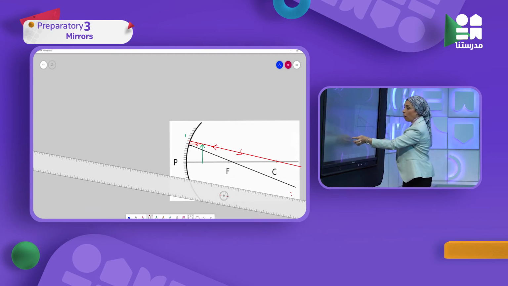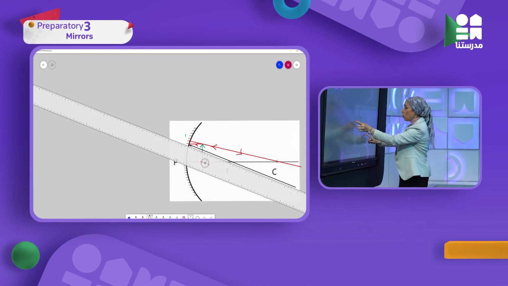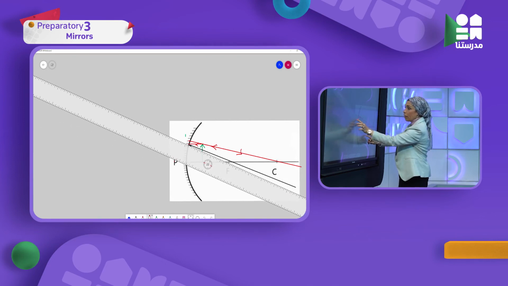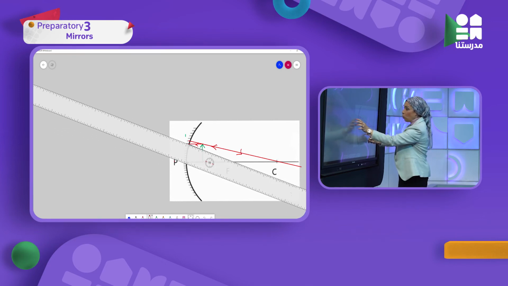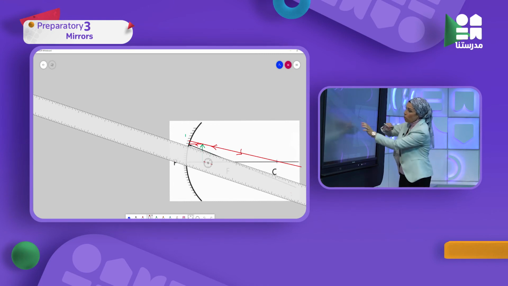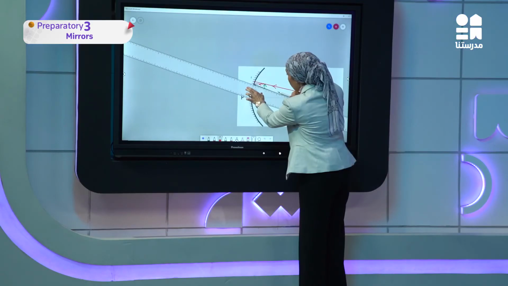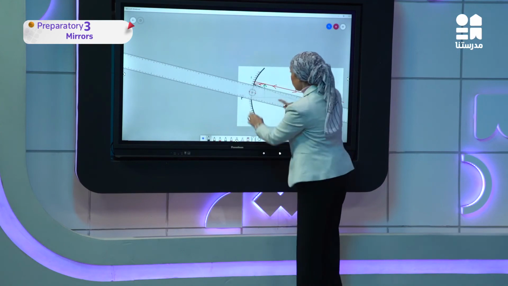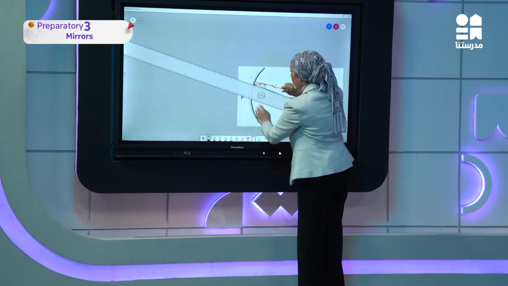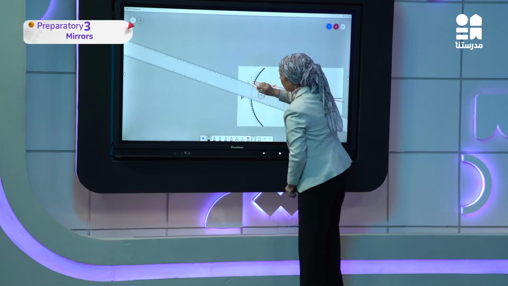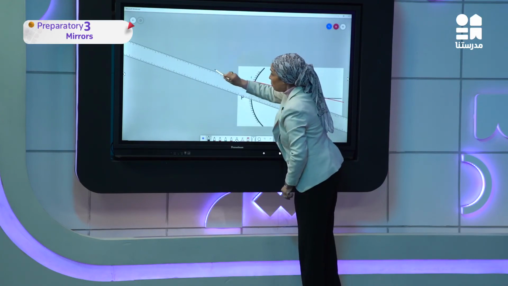Let's see how. I'd better make an extension for the two reflected rays. This is the first reflected ray, the black one. I'll make an extension for it with the black color so the extension shows. I'll draw the extension as dots. I'll make my dots longer.